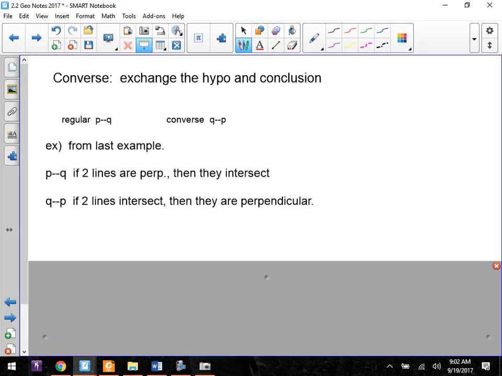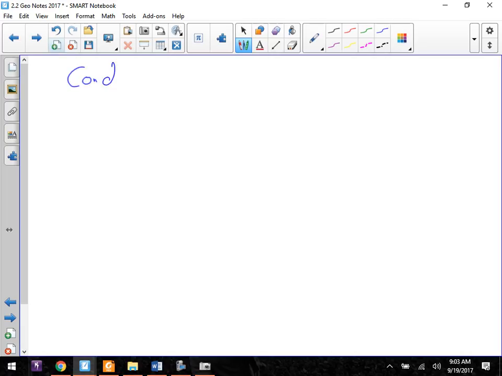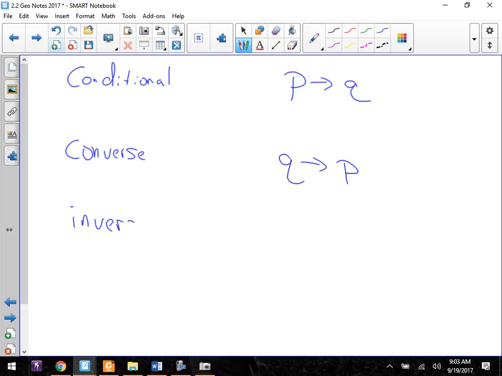I could make an upside down T when I type. Okay. So, what will happen here, there's actually going to wind up being 4 of these. We're going to have what's called the conditional, which is P implies Q. The converse, Q implies P. The inverse, I'm going to show another symbol.